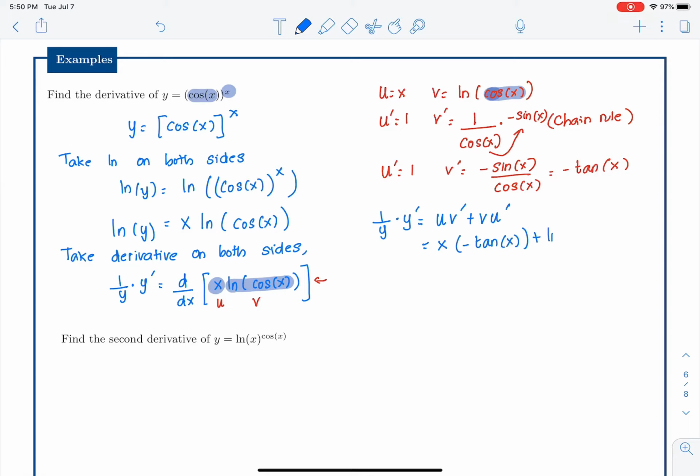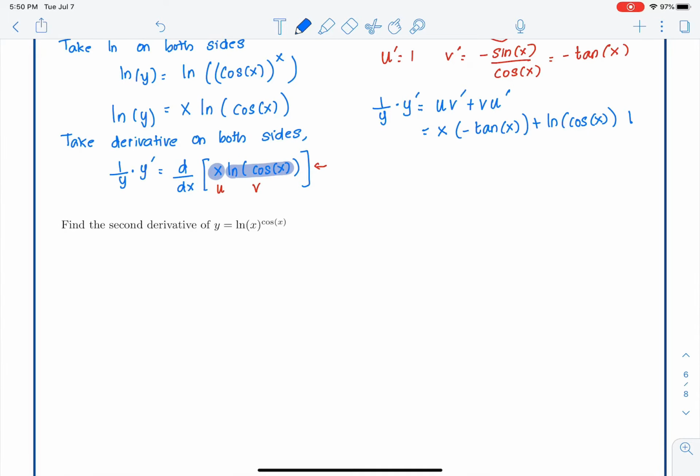V is ln of cosine of x. U prime is 1. So 1 over y times y prime is negative x tangent of x plus ln of cosine of x.